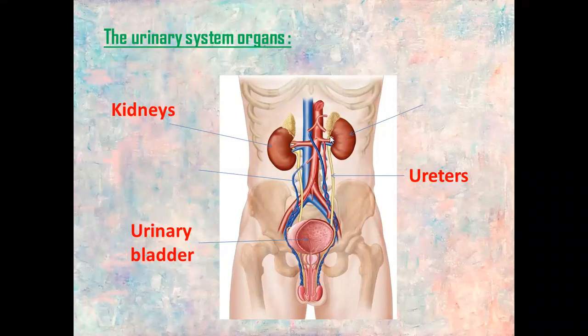The urine moves inside these two long tubes, the ureters, to the urinary bladder. The urinary bladder stores this urine till it's completely filled. Then, when you go to the toilet, you get all of these liquid wastes out of your body.